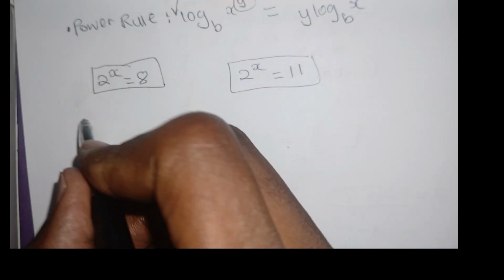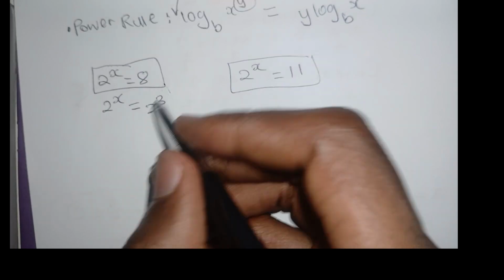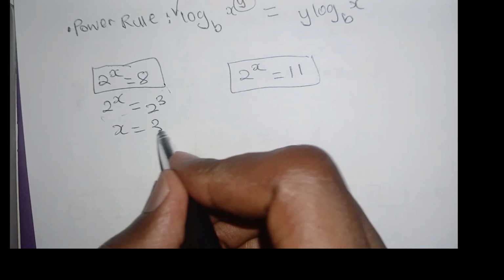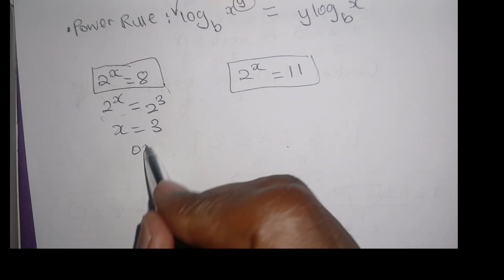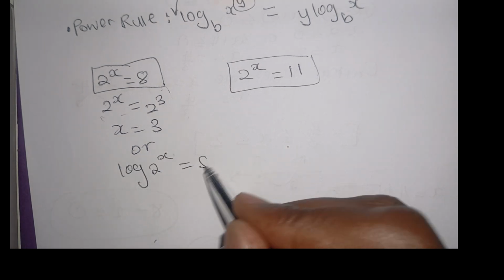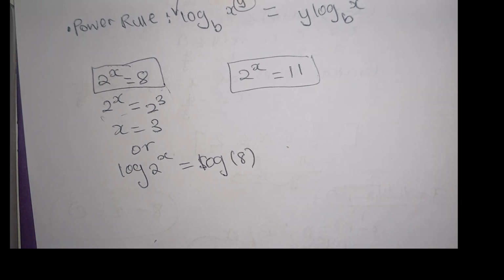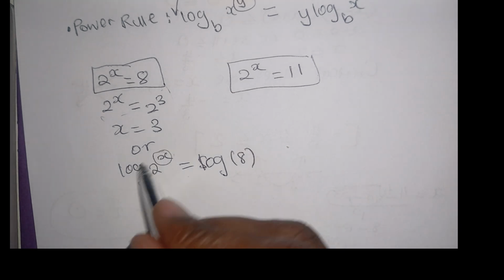Now here, you can say 2 to the power 3 is 8. Then the bases are the same, then the exponents are the same, right? Or you can say log 2 to the power x is equal to log 8, right? Then you take this up front.